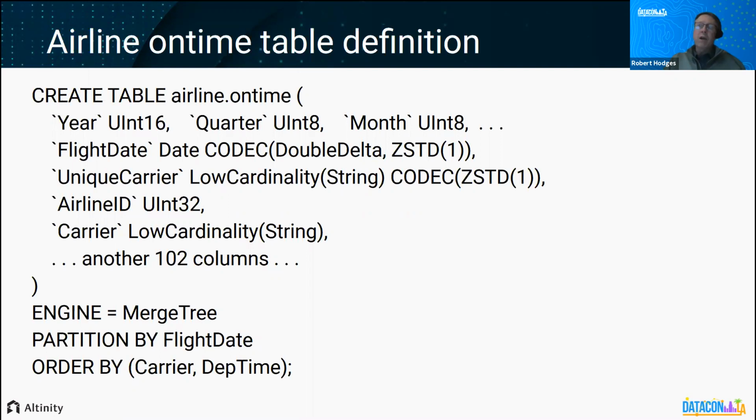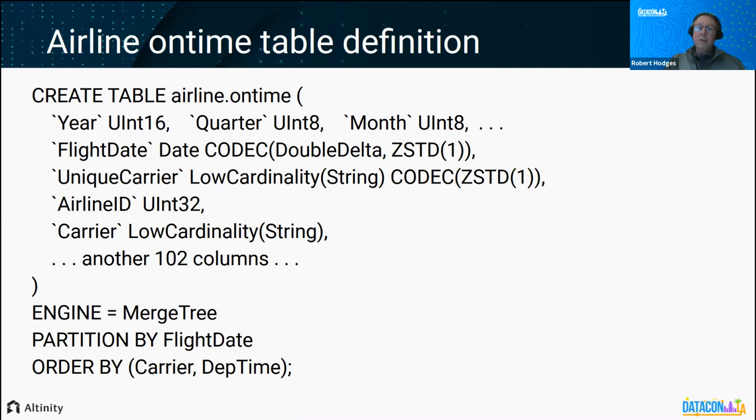In data warehouses and column stores in general, we tend to order data because it makes it faster to find, and it also makes compression more efficient. And then finally, if you look up, you'll see this funny keyword CODEC. What this does is allow us to control the compression. By default, ClickHouse compresses all columns using LZ4 compression, which is pretty good compression and doesn't take a lot of CPU time when you're inserting data.